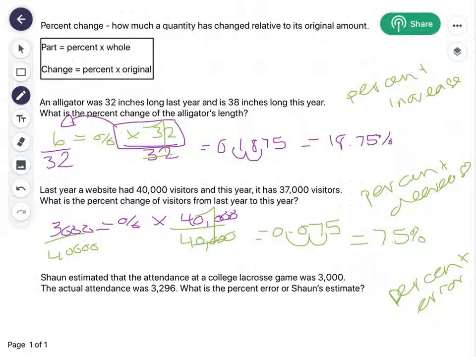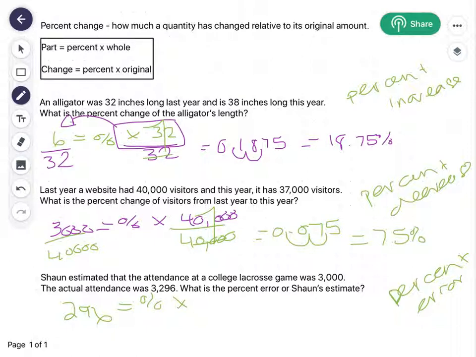For the last one, and this one changes a little bit, it's called the percent error. Okay, so our part is still our change. So it went from 3,000 to 3,296. So the difference between those two is 296 equals our percent times, and our whole, or our original, is the actual number, the thing that actually happened.